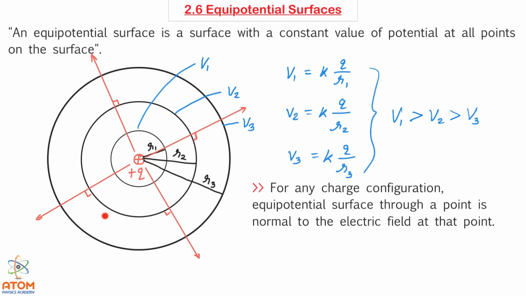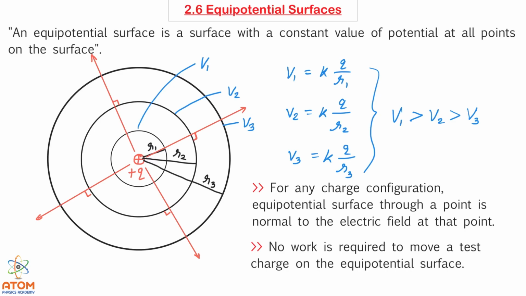So the work will be 0 because as per the equation of work, F d cos theta, the force is in the direction of electric field, and the displacement is perpendicular. So we have to put F d cos 90, and so work will be 0. And that's why while moving any positive charge on this surface, the work is always 0. So here is another important point we can write: no work is required to move a test charge on an equipotential surface.